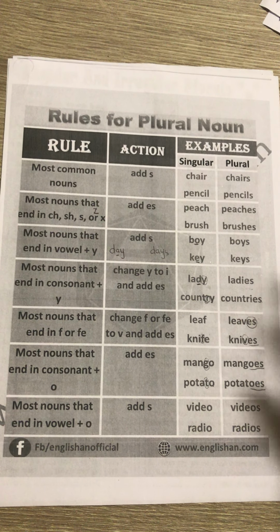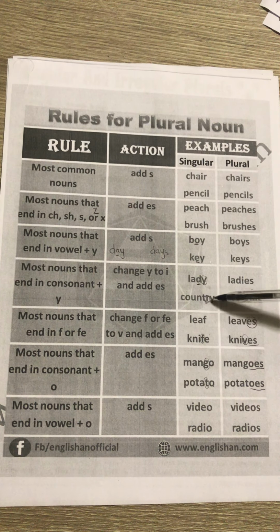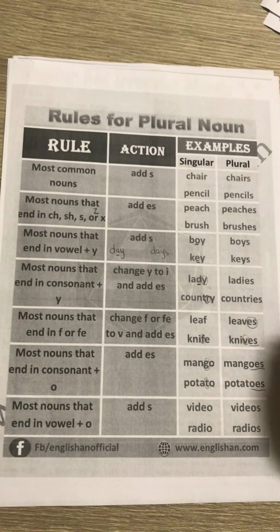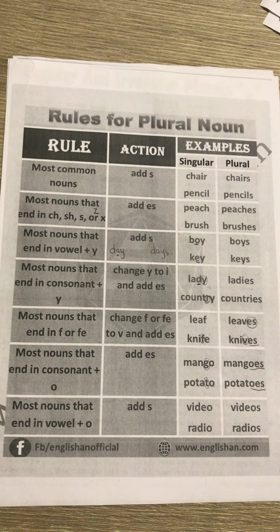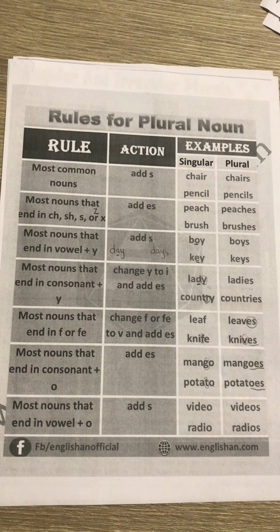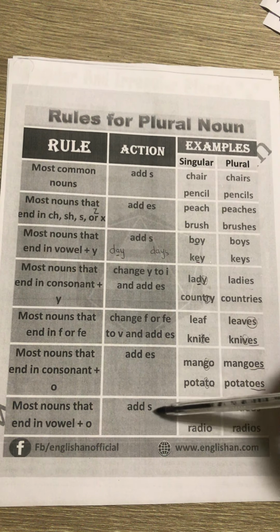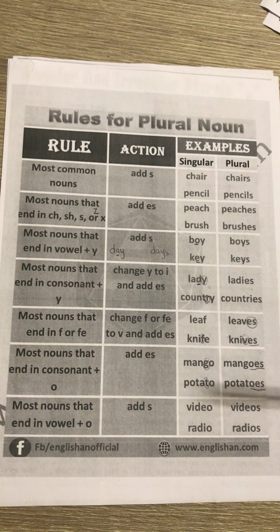Okay, so what I'm seeing from these rules is that if any word mostly has a vowel type of sound at the end and there's a consonant in front of it, you add es. If you have a vowel type of sound at the end and there's a vowel in front of it, you only add s, which is the case here at the bottom as well.